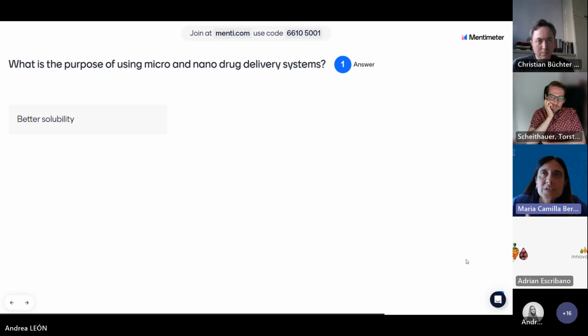Another important aspect is the development of nano drug delivery systems to prolong the release or obtain a modified release with respect to conventional formulations. It's important to select the components of the formulations to improve the safety, also the carrier, the nano drug delivery system.